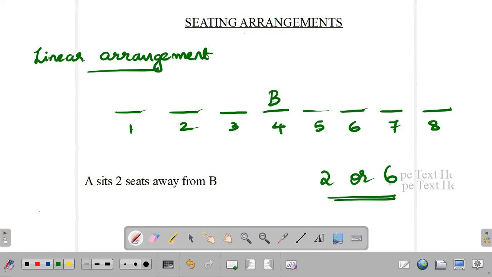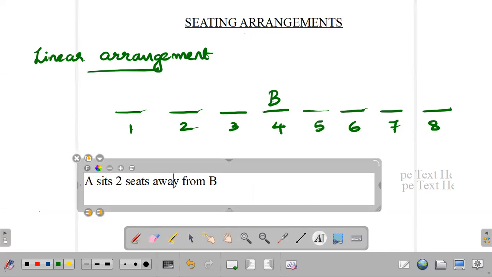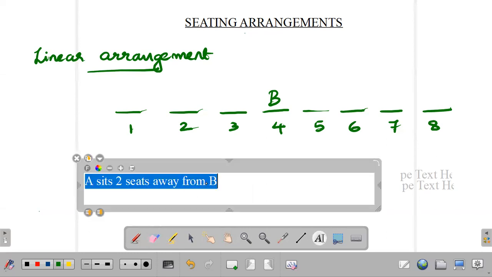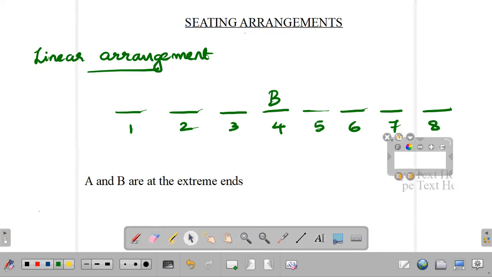Now the next input, I am giving you the insight that A and B are at the extreme ends. Of the lot, how many possibilities can you think of?